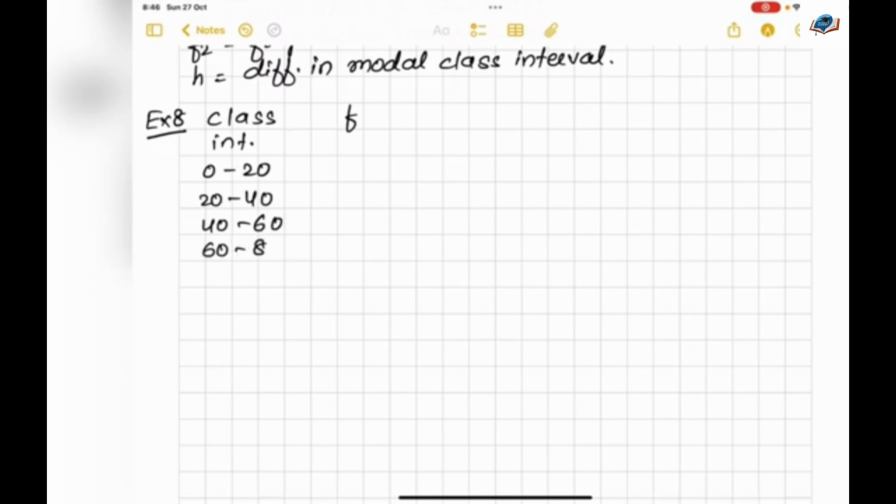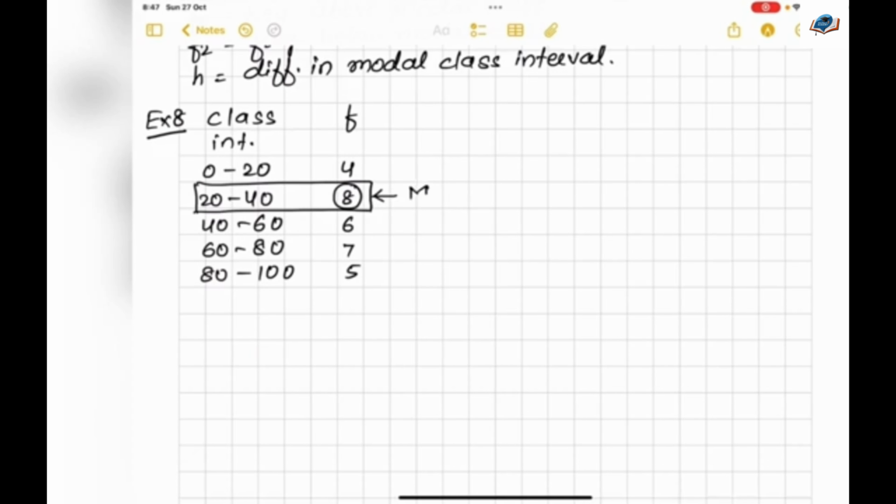And the values given to me are 4, 8, 6, 7, and 5. So, see how I will find the modal class. I will select the maximum value. So, maximum value is 8. So, this will be my modal class. So, maximum value class will be modal class.